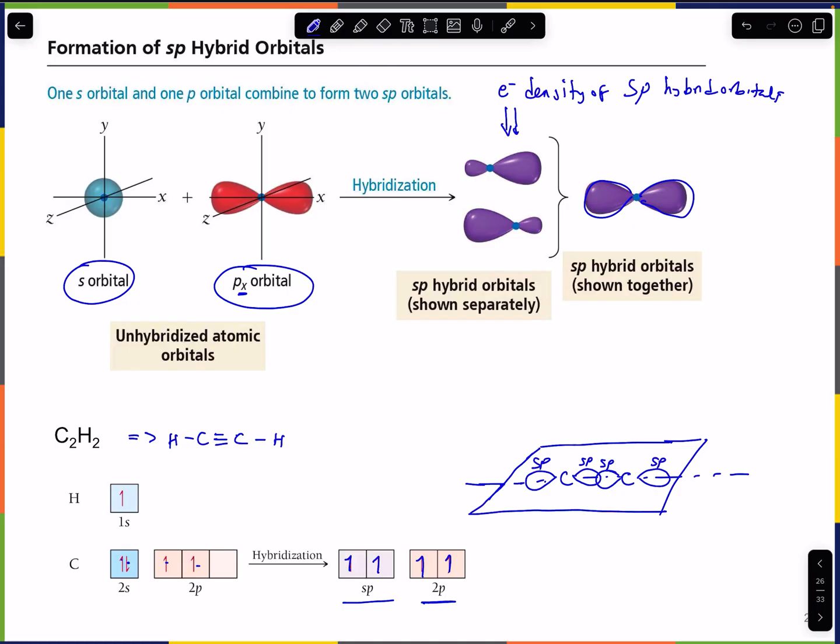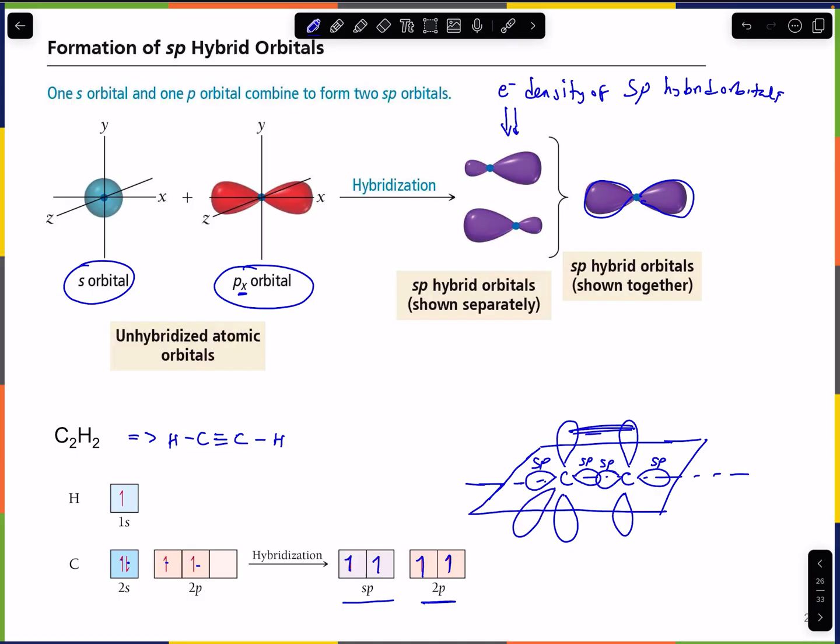Now what's going to happen with the unhybridized orbitals? We'll have one above and below the plane for each one of the carbon atoms. These orbitals interact or overlap side to side. And then we also have the other unhybridized p orbital.